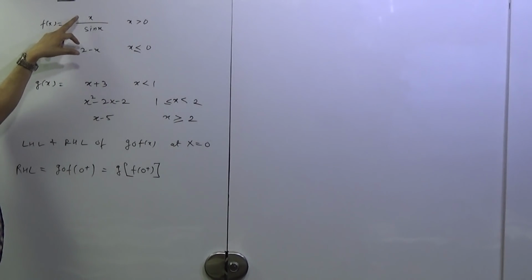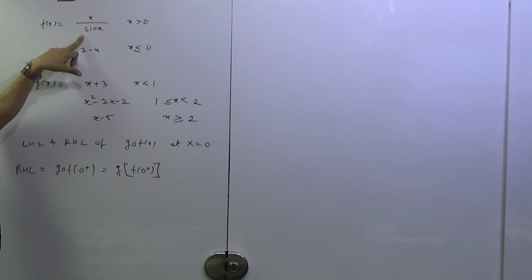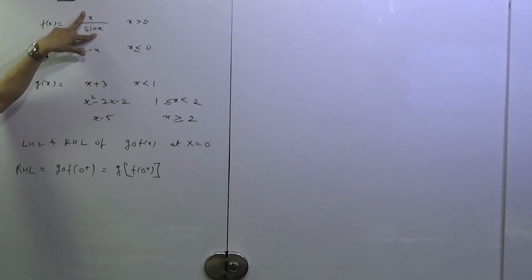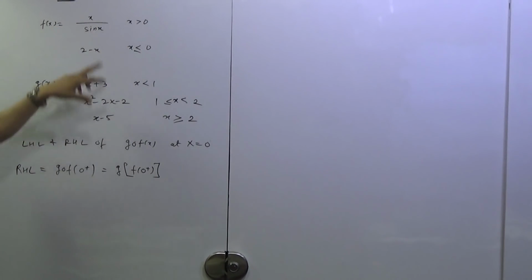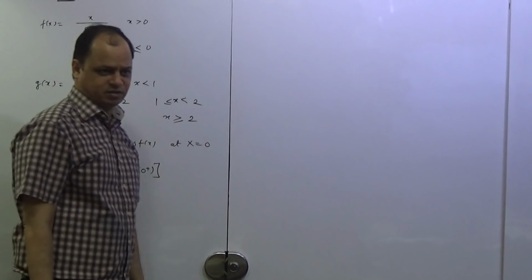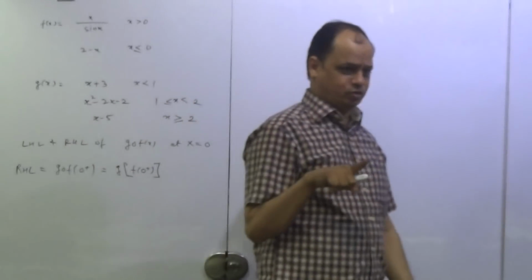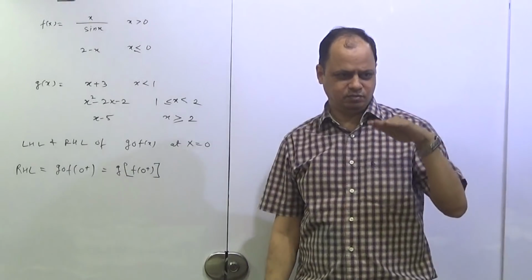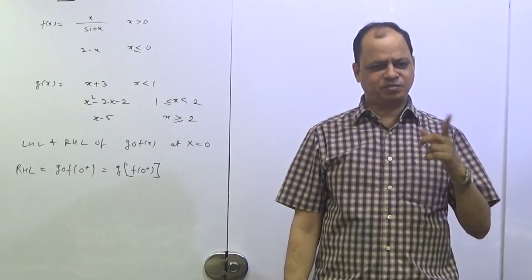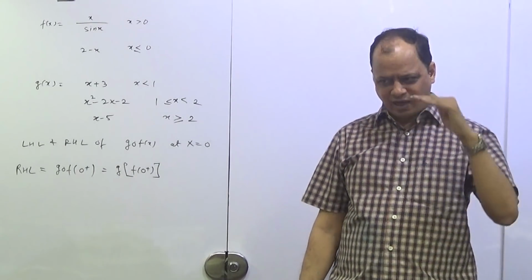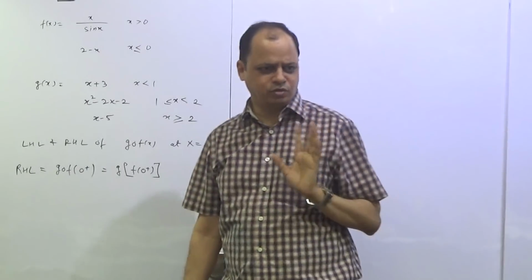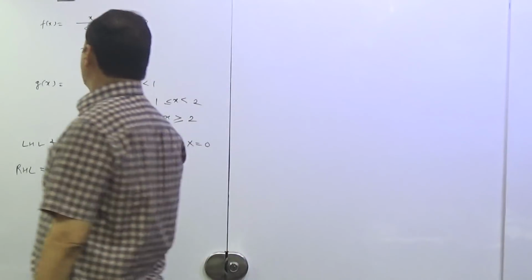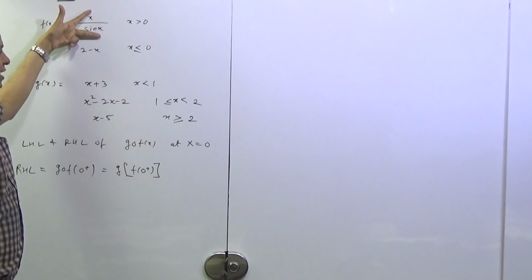As you know, sin x upon x for x tending to 0, or I must say the graph of sin x by x around x equal to 0 is less than 1. Sin x by x is less than 1 around x equal to 0. But here you have x upon sin x.